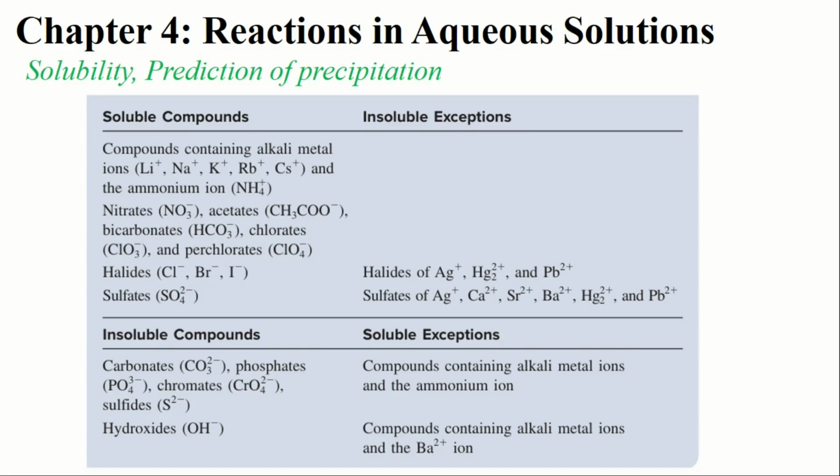For example, you have to know the first column of the periodic table, whose ions are called alkali metal ions, and also the ammonium ion. All the compounds of alkali metal ions and ammonium are soluble in water.